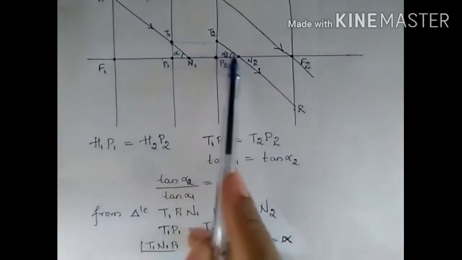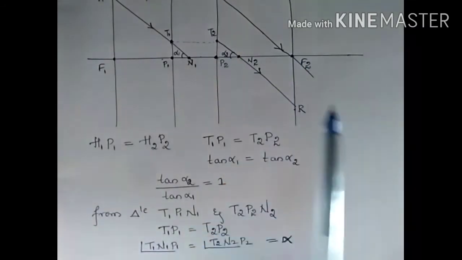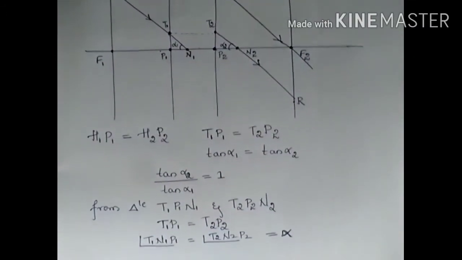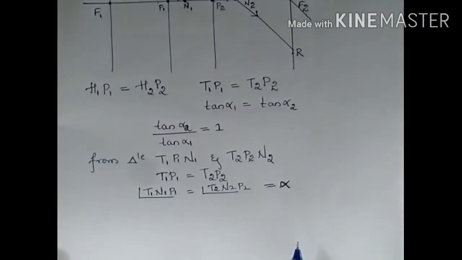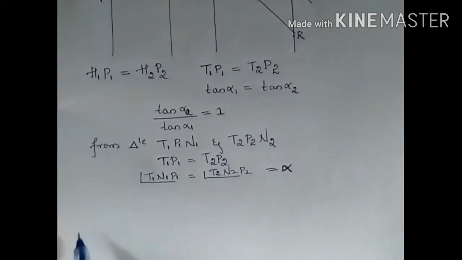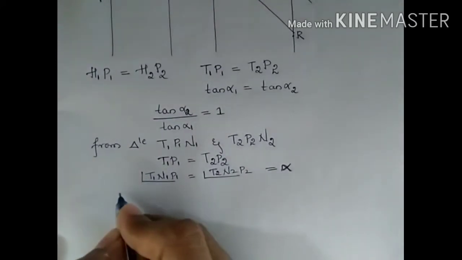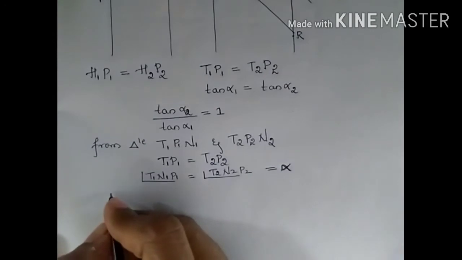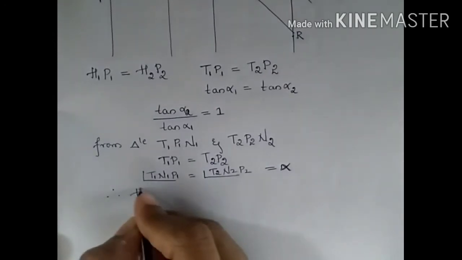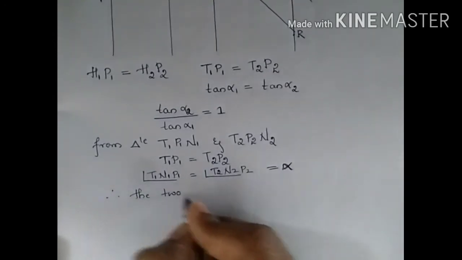These two angles are equal and that angle is denoted by alpha. Now with this data we can say these two triangles are congruent triangles.